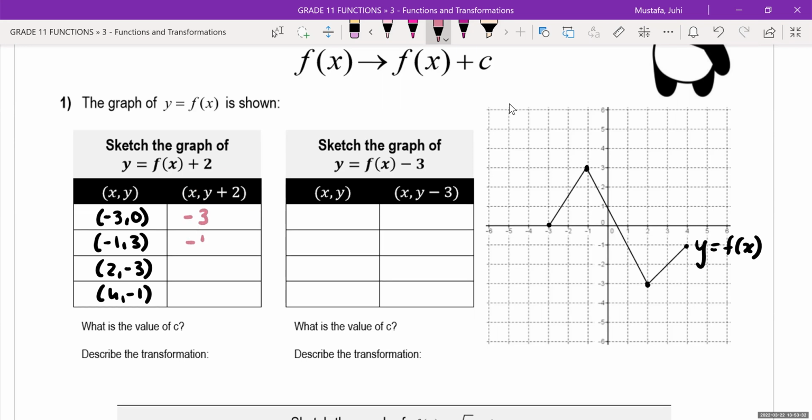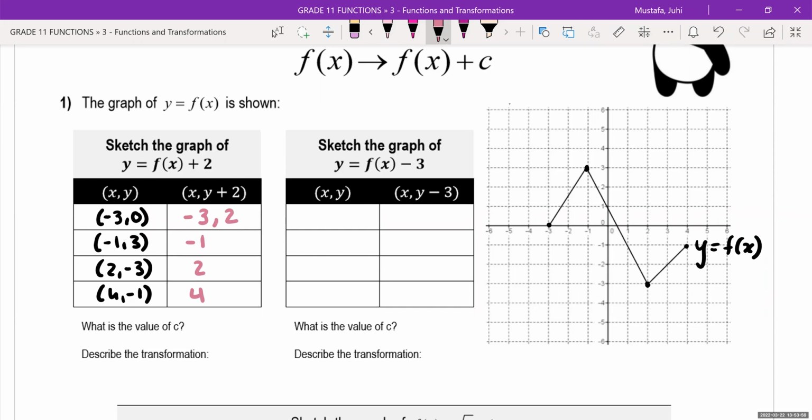So -3, -1, 2, and 4. I'm getting that from over here. I'm going to rewrite it. It's still going to be the same. But for our y values, we're adding 2 units to every single one of these y values to give us brand new y values. So what's that going to look like? Well, for the first example, we have a 0. When we add 2 to it, it's just going to become a 2.